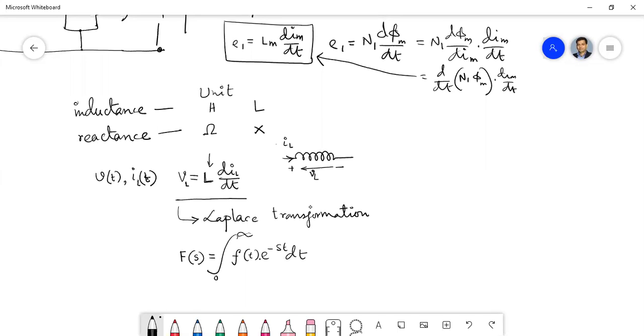So this is the definition which I have just written on the whiteboard. This is the definition of Laplace transformation.